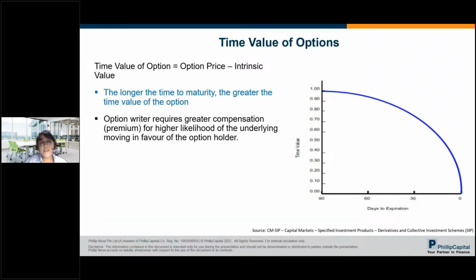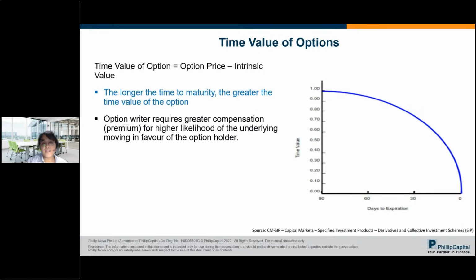It essentially says that the longer the time to maturity, the greater this time value of the option will be, because as an option writer, when you're selling an option, you require greater compensation or a greater premium, because over a longer time frame, let's say 60 days, there's a higher likelihood that on one of these 60 days the option may move in favor of the option holder.